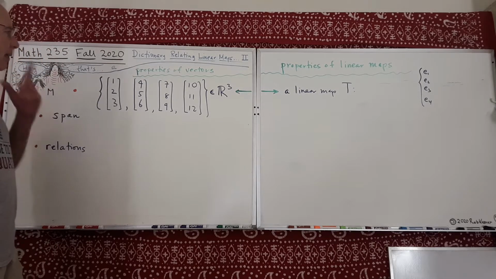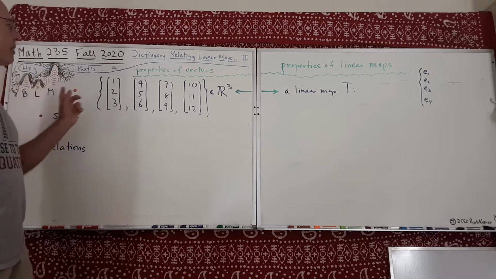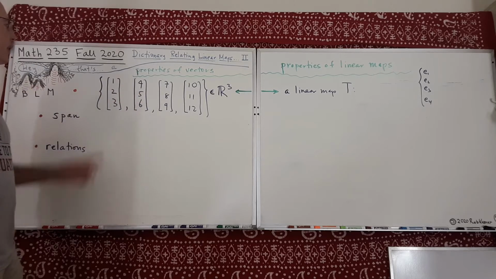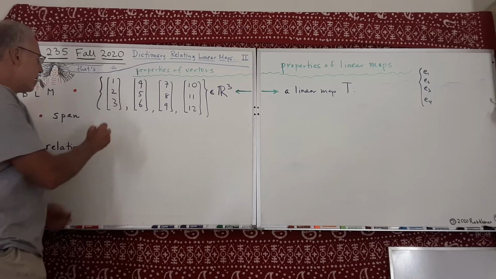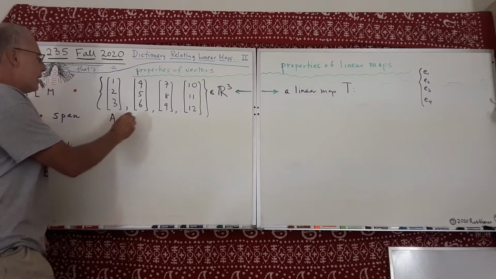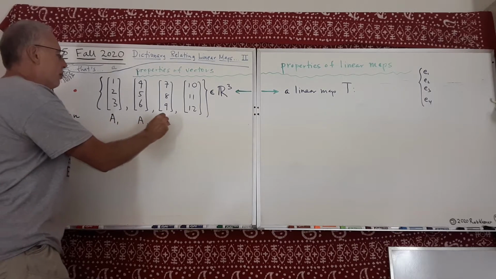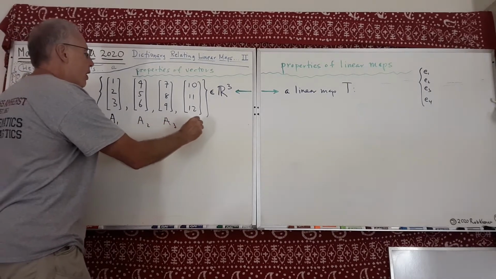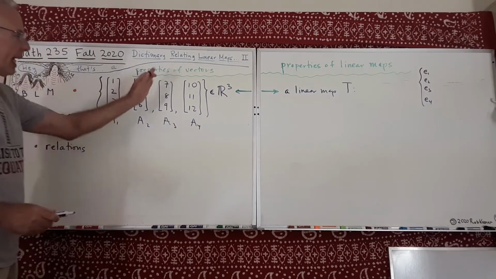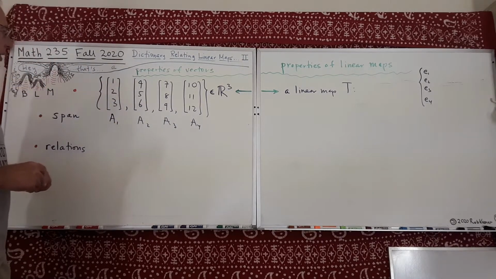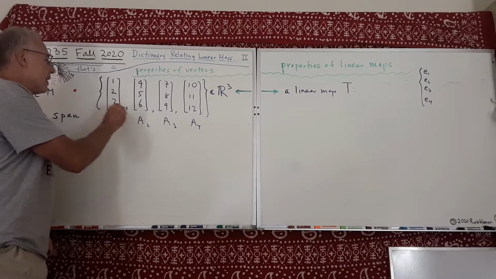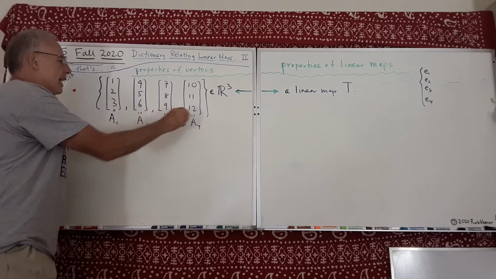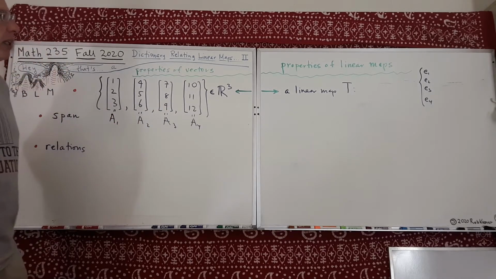So remember that if we have a collection of vectors, say an ordered set of vectors, maybe A1, A2, A3, and A4. In general I might have n of those vectors, but let's take n to be 4 here. I can associate that ordered set of vectors with a linear map.